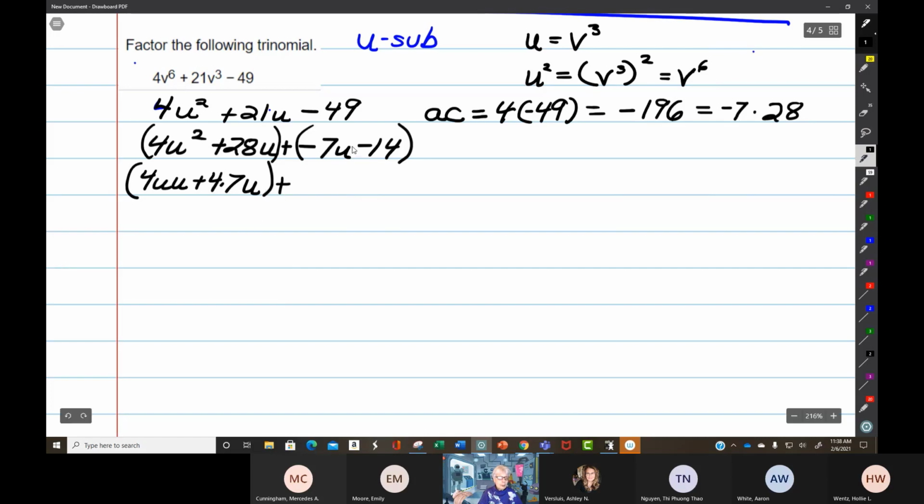Plus, this one's harder, because when you have a negative leading term, you've got to have a negative GCF. So we'll have negative 7u plus negative 7 times positive 2.